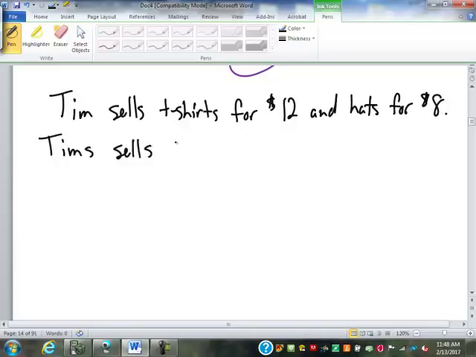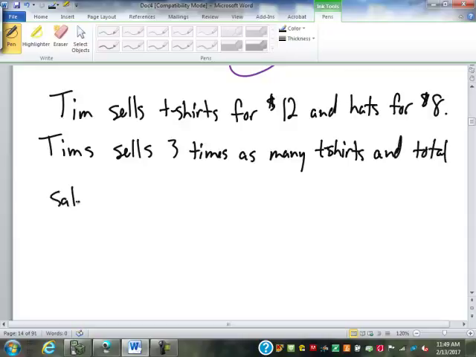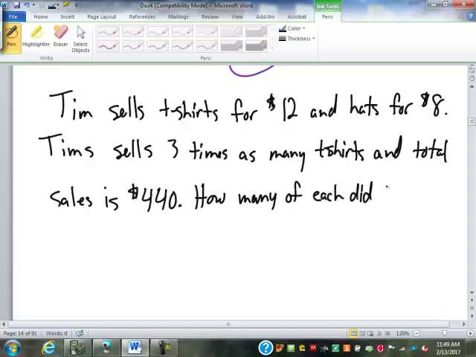Tim sells 3 times as many T-shirts as hats, and total sales is, what do I want to put in here? Let's do $440. So once again, how many of each did Tim sell?